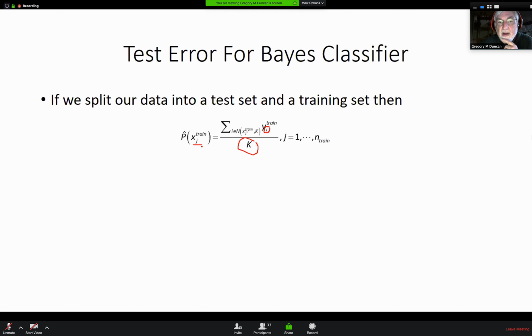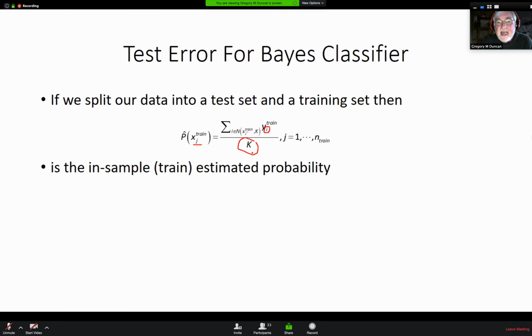There's a J there, but I here and I there. And so what I'm doing is I'm taking every observation in the training set, and I'm going to say, what are the K nearest neighbors to the first observation? And then I average that, and that gives me a training set for the K nearest neighbors and so on. I do that for every observation in the training set. This is the in-sample training or estimated probability.